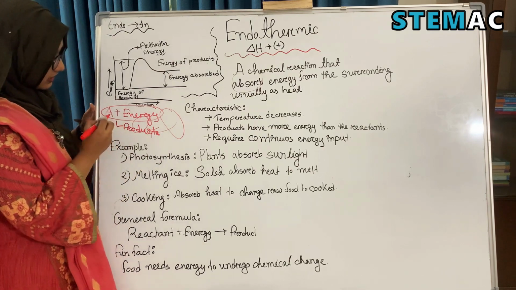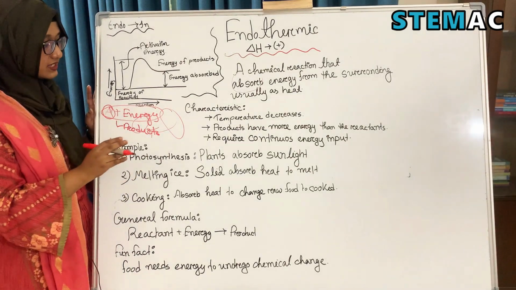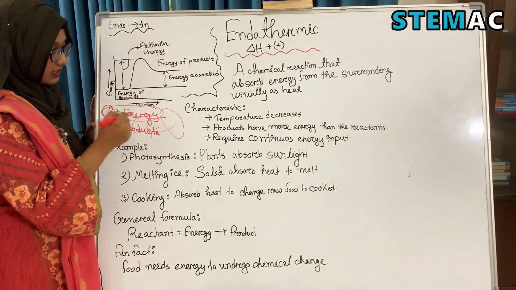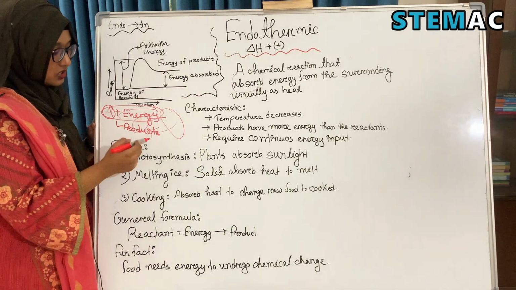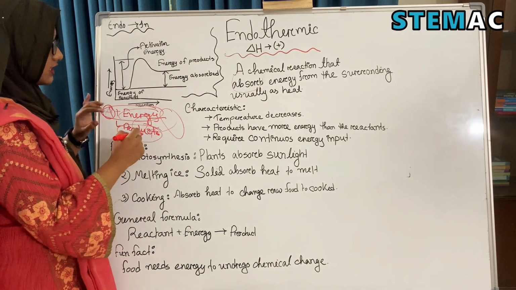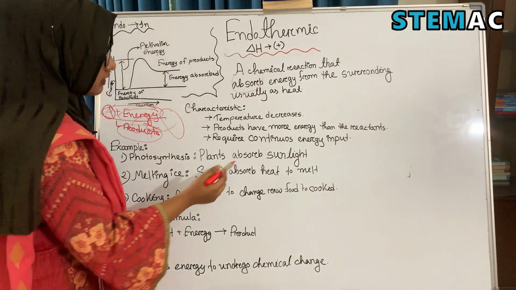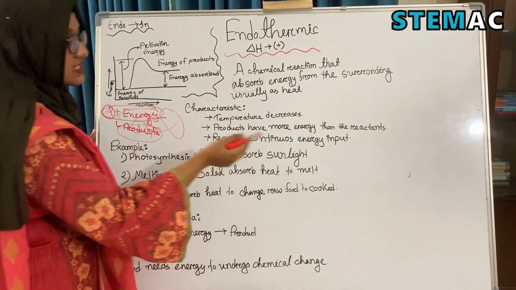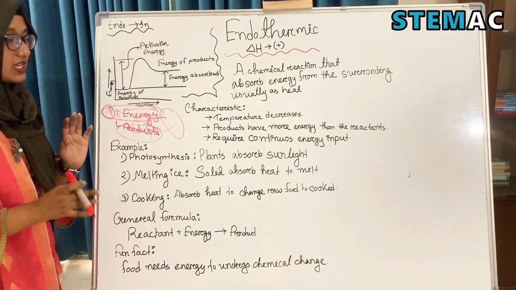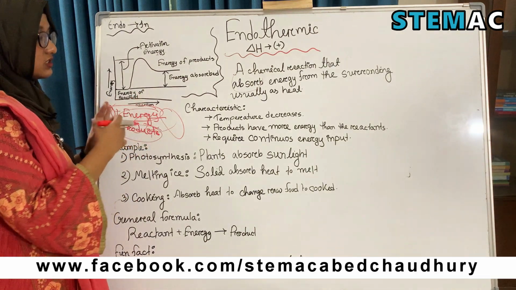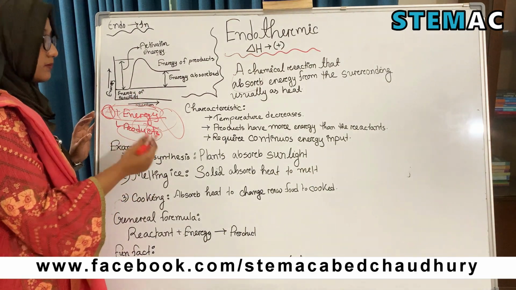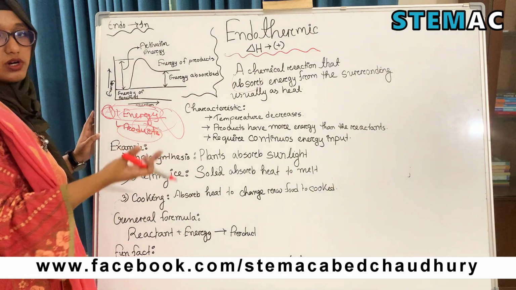Like here, just A, when it gets the excess energy, the product is produced, so it has more energy than the A here. So it requires continuous energy input. To produce that product, we need to put in energy continuously, as absorption is required here.